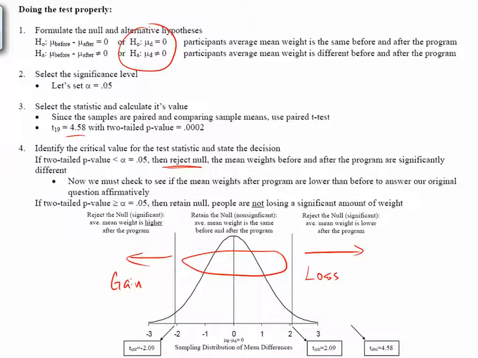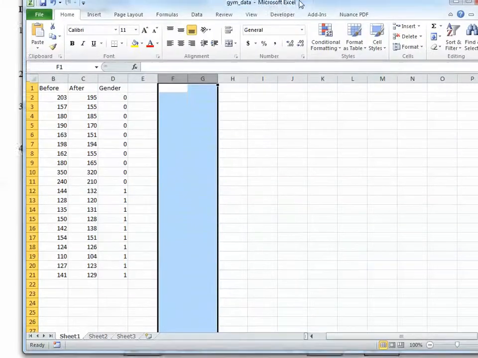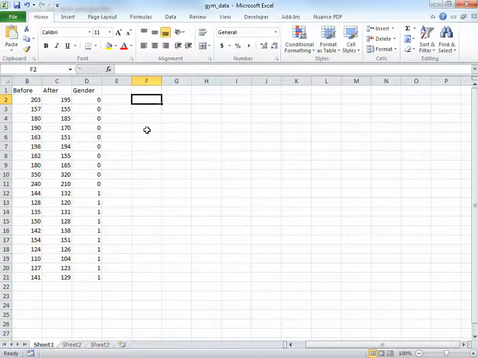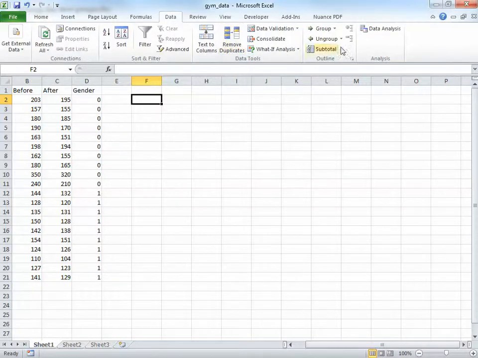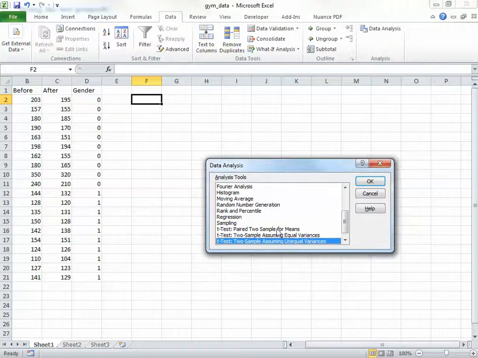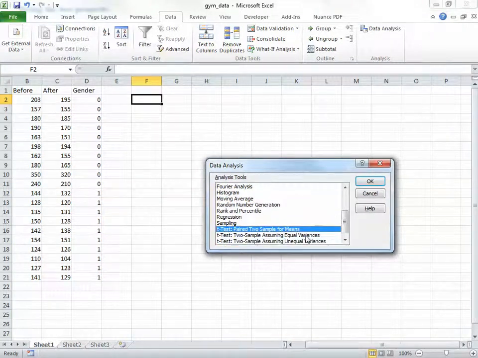Let's run this using Excel. So we'll use the same data set that we had before, namely the GYM data.xlsx. And we know that this is a paired sample, so we're going back to our data analysis tool pack. We'll use the paired two sample for means. Now this is the same tool that we used when we were doing single sample hypothesis testing.